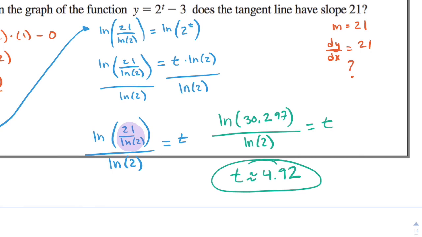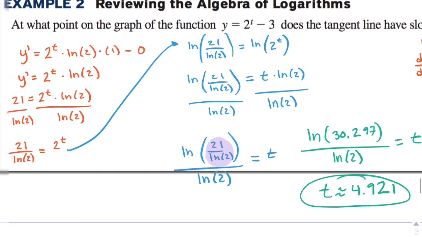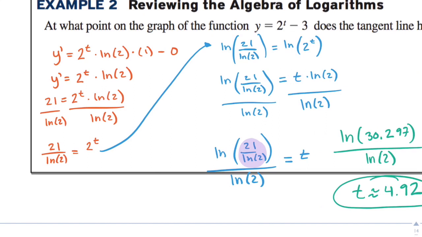They round it to 4.921. That's the answer for t. I'll leave it circled. It says at what point on the graph of the function, so that's what my t is.